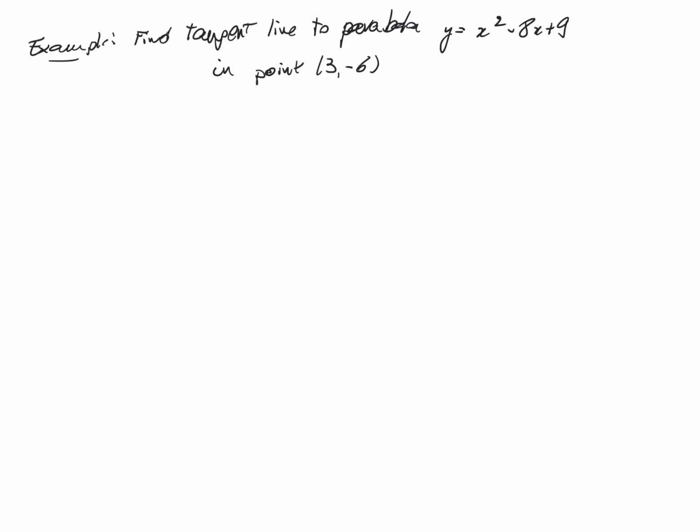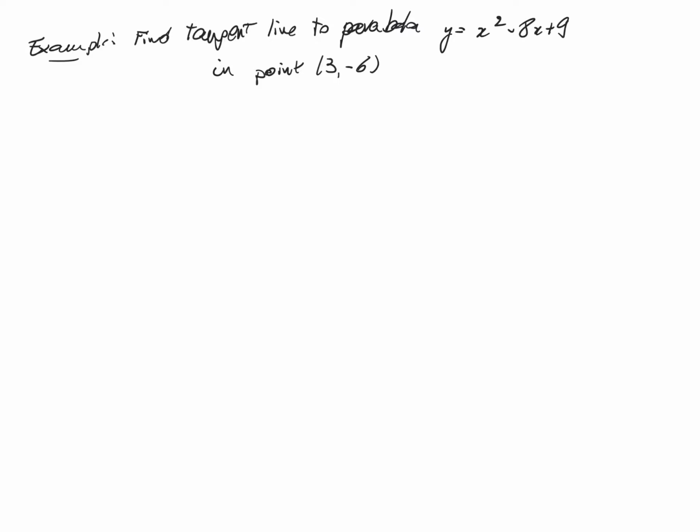So take the following example. Find the equation of the tangent line to the parabola with equation y equal to x squared minus 8x plus 9 in the point (3, -6).